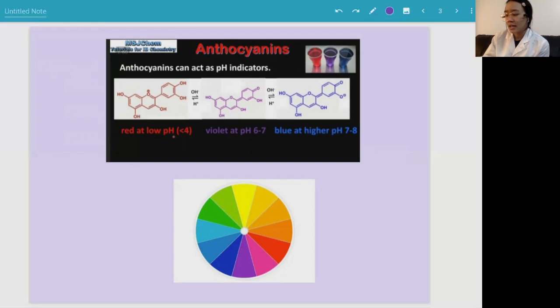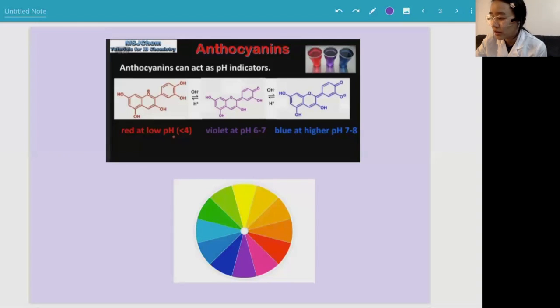And because of that, it absorbs the largest wavelength of light, which is around this area here, the orange, and therefore emits blue.